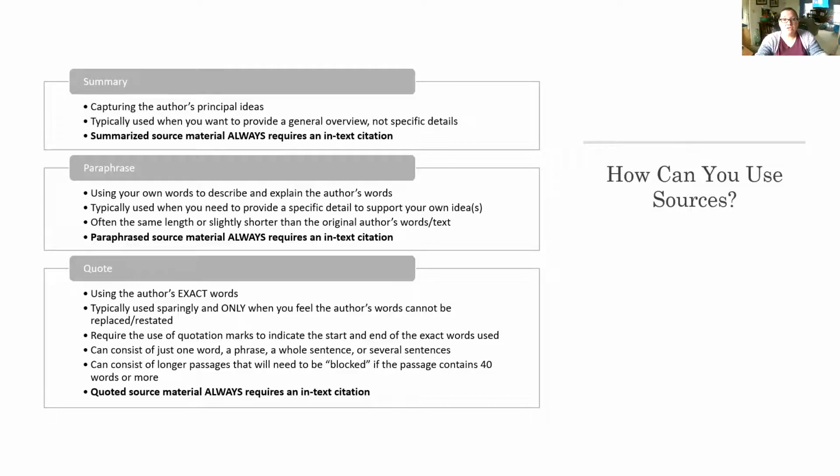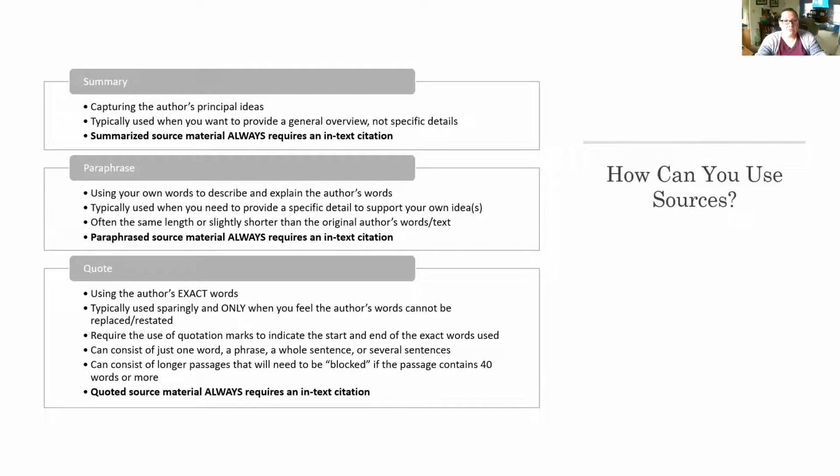You only want to use direct quotes if the author's words are perfect and cannot really be stated in a different way. Or if the author's words are talking about something that is very complex, then it might just be best to direct quote that part, and then you explain that complex idea.